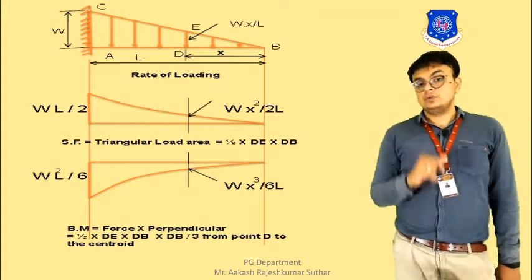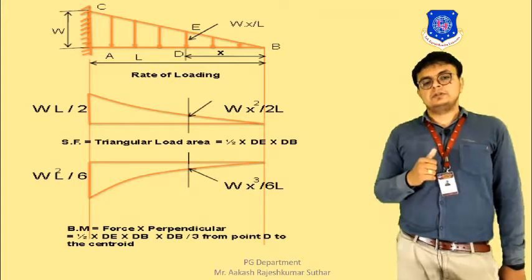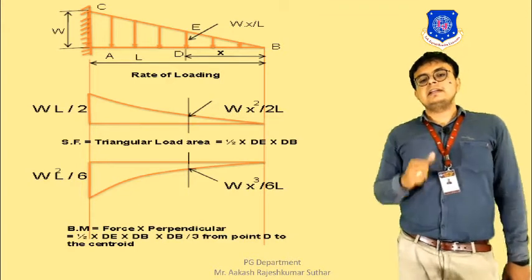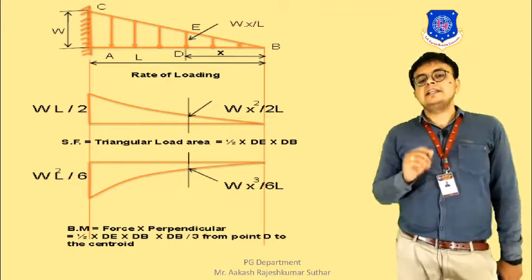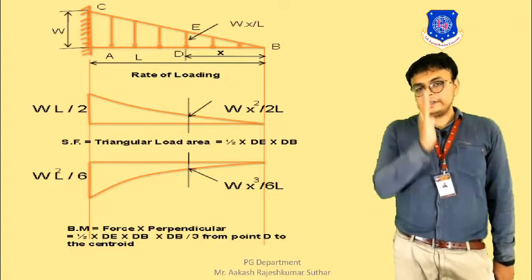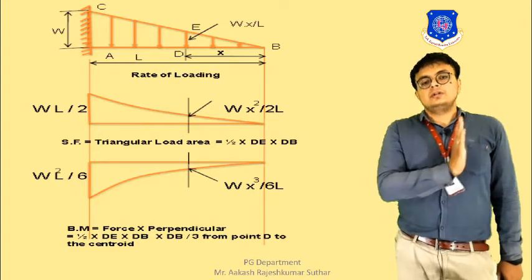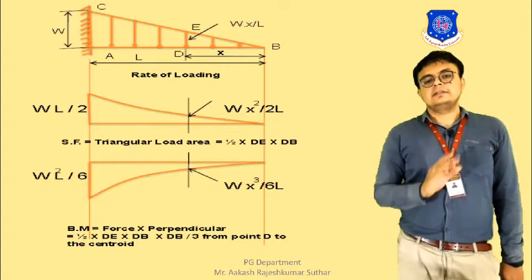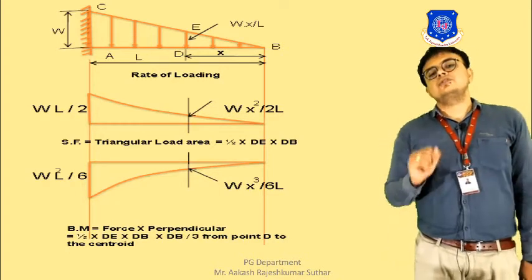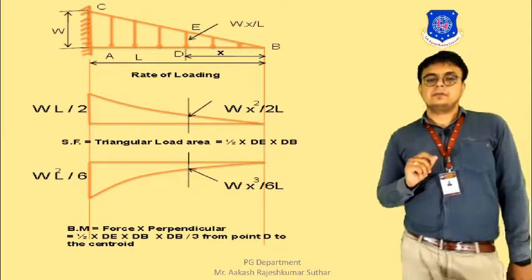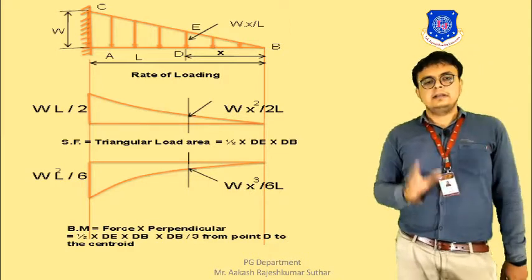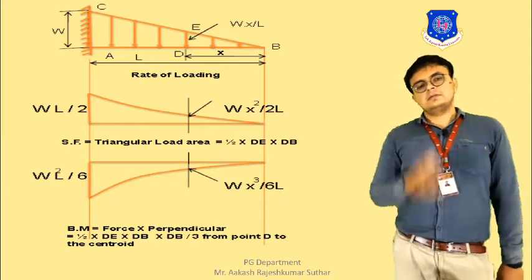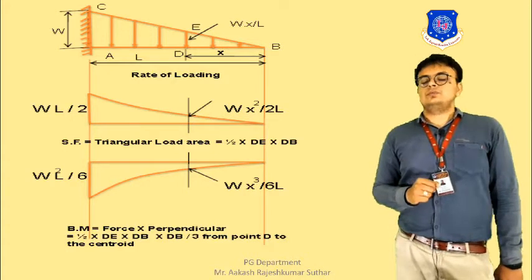In order to find the shear force, the triangular area will be equal to half into DE, that is the vertical distance, into DB, that is the horizontal distance. That will be the shear force at point D, at the centroid. And the maximum shear force will be WL/2.